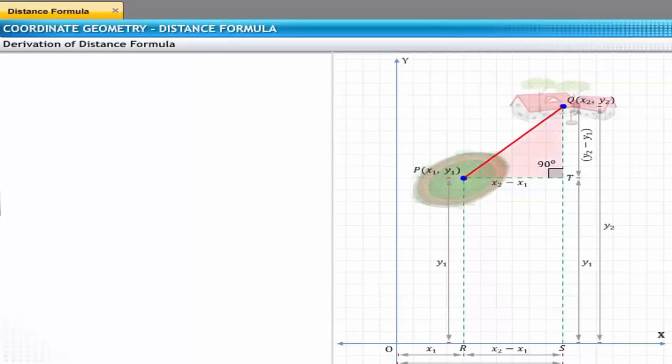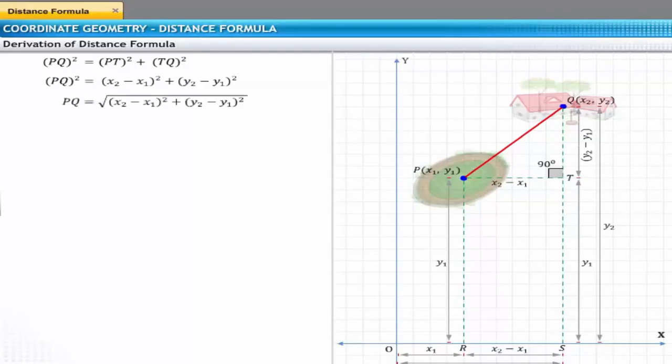Therefore, in triangle PTQ, the square of PQ is equal to the sum of the squares of PT and TQ. On substituting the values of PT and TQ, you get PQ equals square root of (x2 minus x1) whole squared plus (y2 minus y1) whole squared.